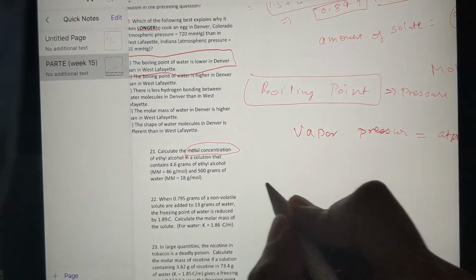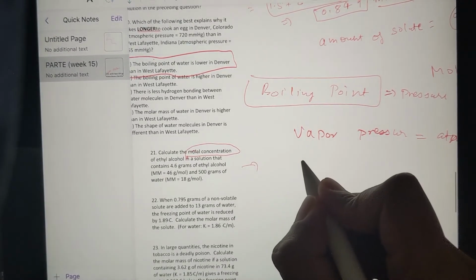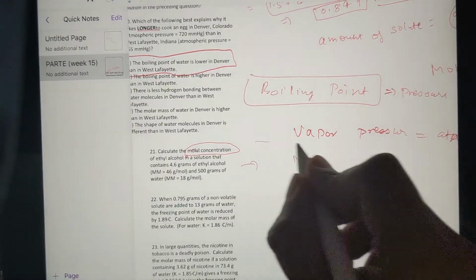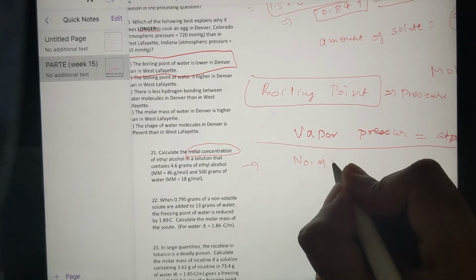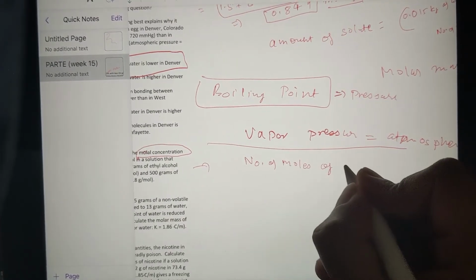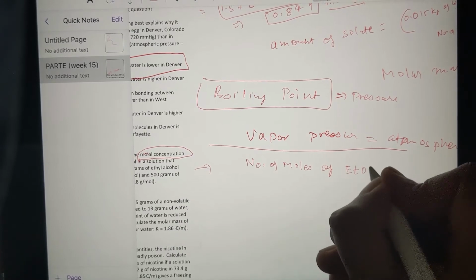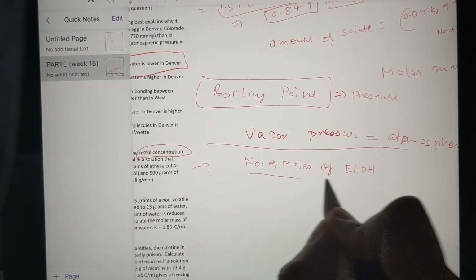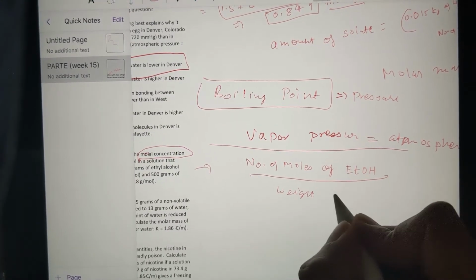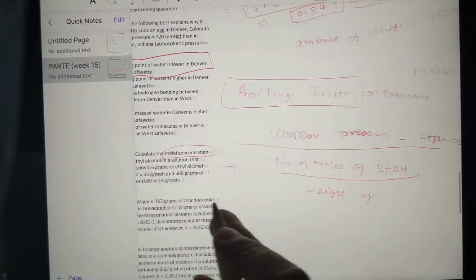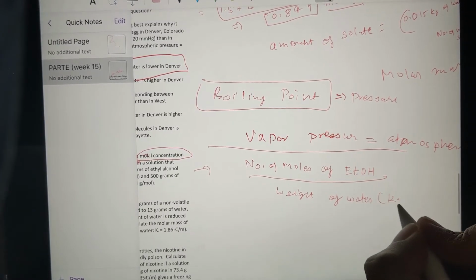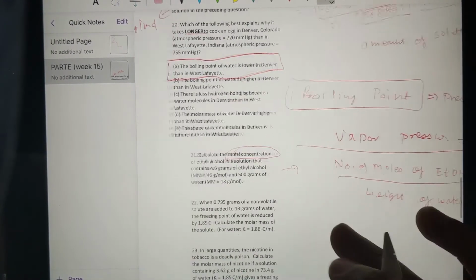So to calculate that, you have to find the number of moles of ethyl alcohol divided by weight of water in kg. Remember that the unit is important here.